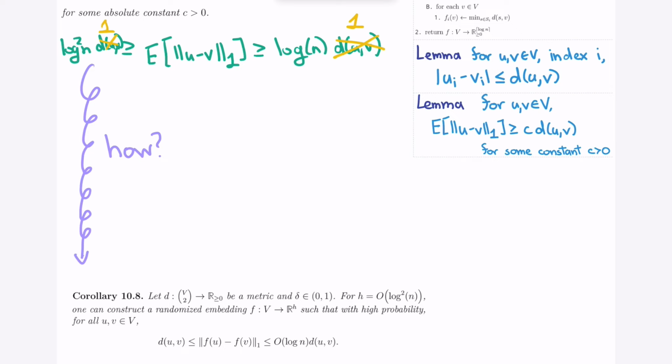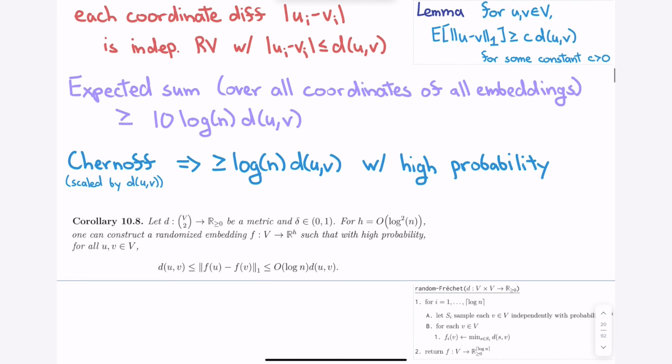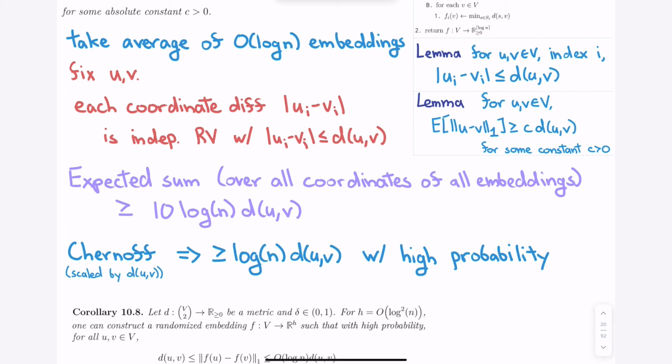It turns out to be very useful that each coordinate was also a contraction, because that lets you get concentration. That's the idea. We'll take the average of these embeddings, and then apply Chernoff to get the union bound over everything.